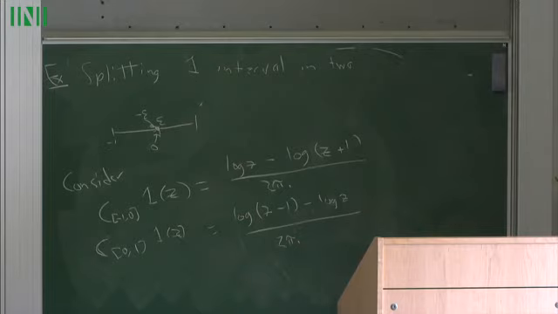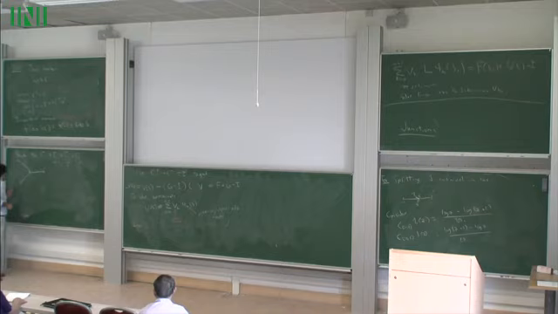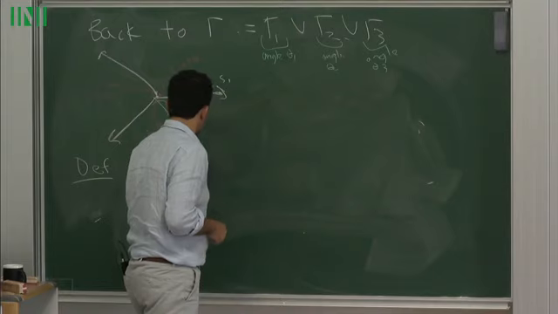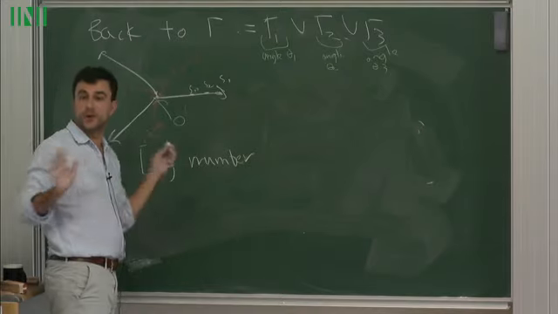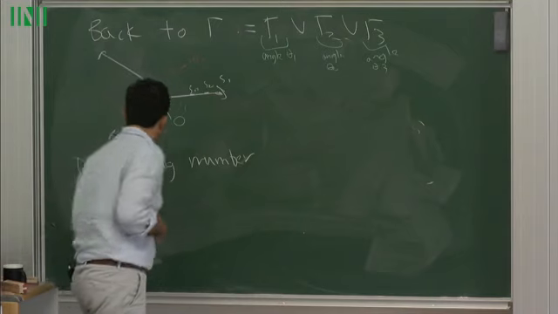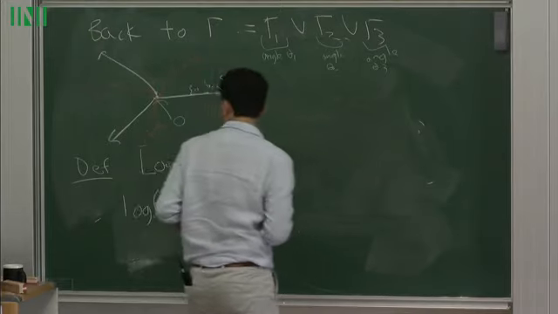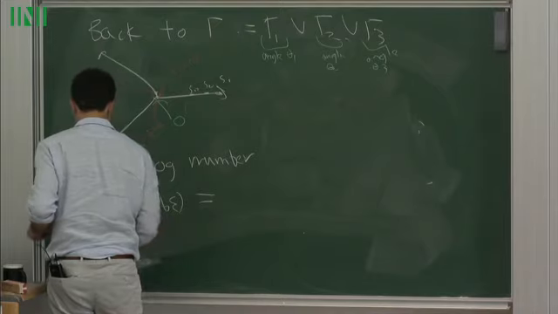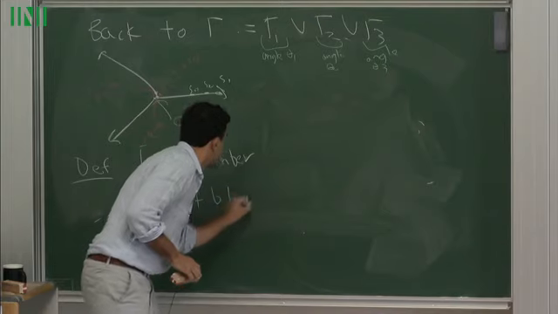But as a bookkeeping device, and this is just a formalism, we're going to introduce a formal notation, which is log of b epsilon is equal to, well, I'll just write it as a plus b log epsilon.